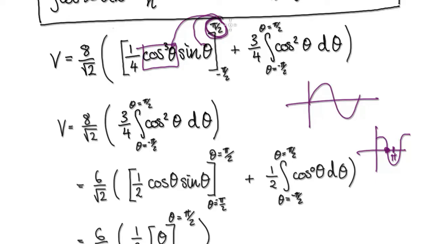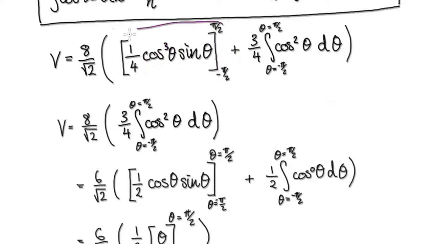If you put this into here, one of the two must be 0. It turns out to be this one to be 0. And then when you put this into here, one of the two would be 0. So this whole thing here will actually be 0.